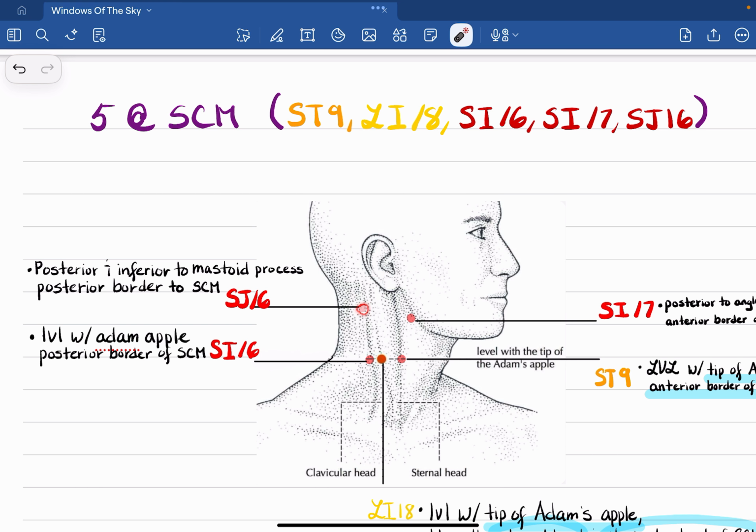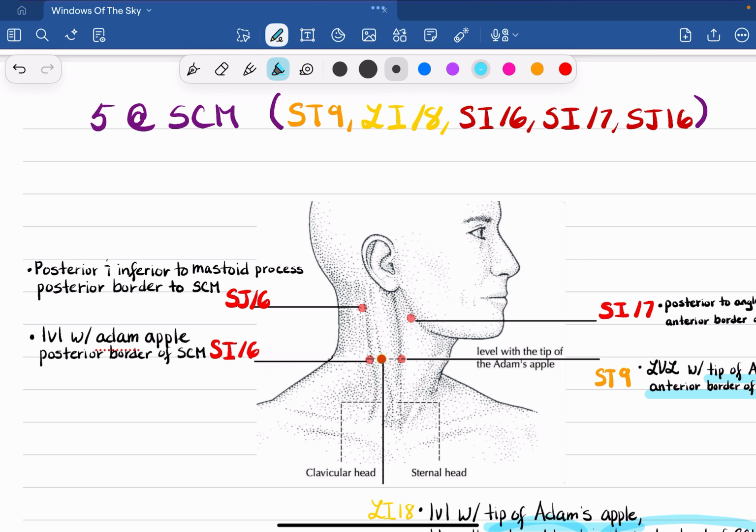And this is where it is. So we know the mastoid process is around here, right? And then what it says is posterior and inferior. But it is posterior to the border of the SCM. So that's how you know it's right there.